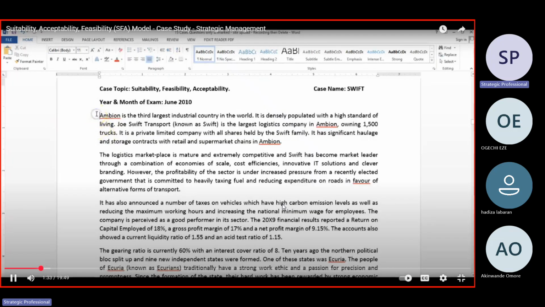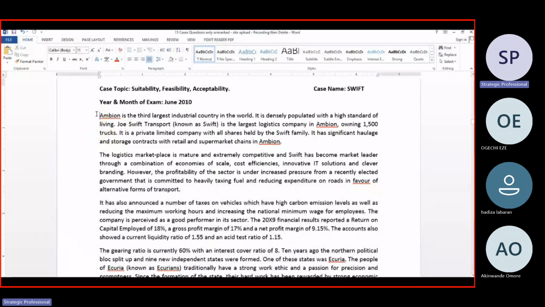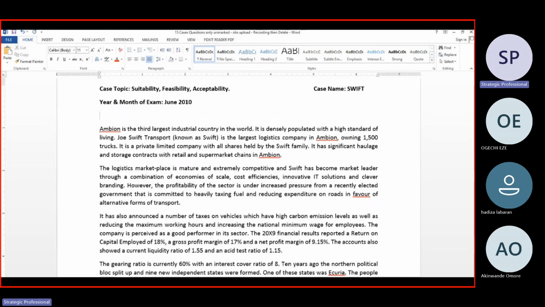You know that you have to apply the SFA to another company which is called EVM. So there are two companies here. One is called Swift, and Swift is going to take over the EVM company.